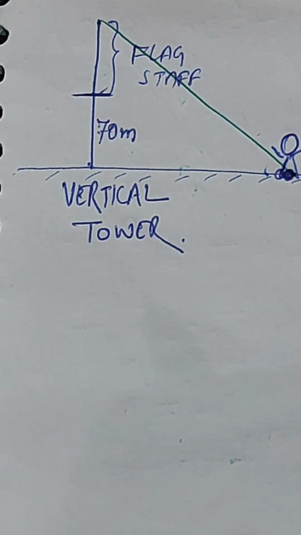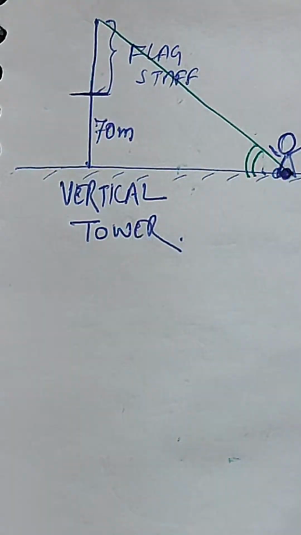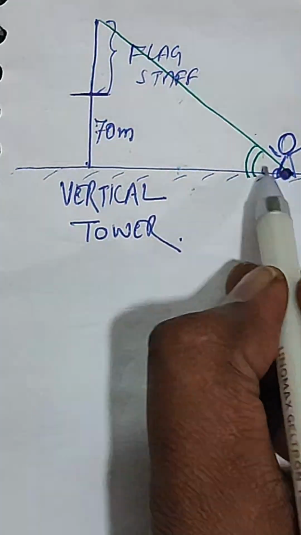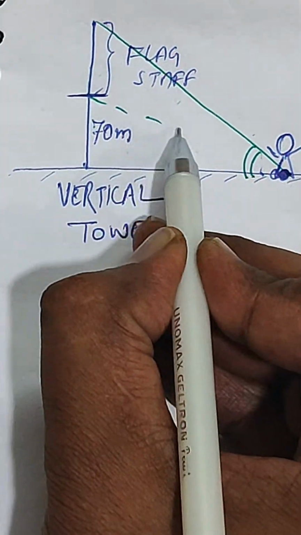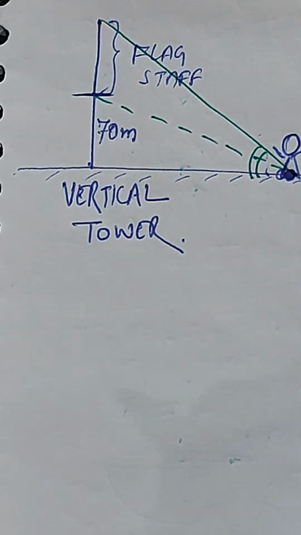Angle of elevation, that means you are seeing it from here. This is the angle of elevation of the top, and this will be the angle of elevation of the bottom of the flag staff, right?